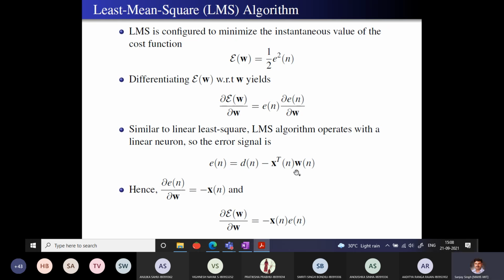And you are differentiating with respect to w(n) only. And whatever is there, you are taking the transpose once again. Due to that factor, here it becomes minus x(n). Remember that there x transpose came, here the transpose has gone, but the operator applied is the same. So this you have found is minus x(n). Now you can substitute for this. So ∂e/∂w(n) becomes nothing but minus x(n) e(n). That's simple.